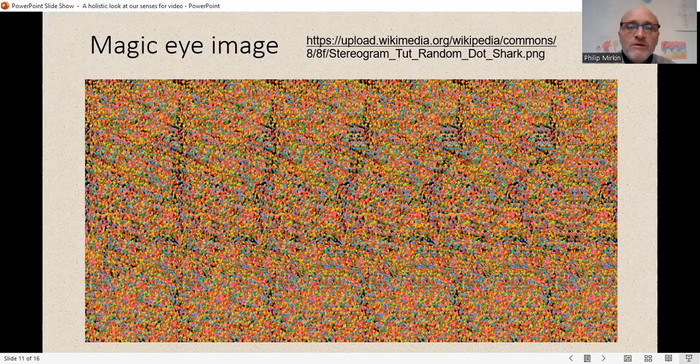So if you've never seen them before, you can try this. You can move yourself so that your face is really close and it's all blurred. And when it's all nice and blurred, allow it to blur and just kind of look straight through the blurriness. Don't try and focus on anything. And as you move slowly away, your mind is working furiously to try and make sense of what it may be.